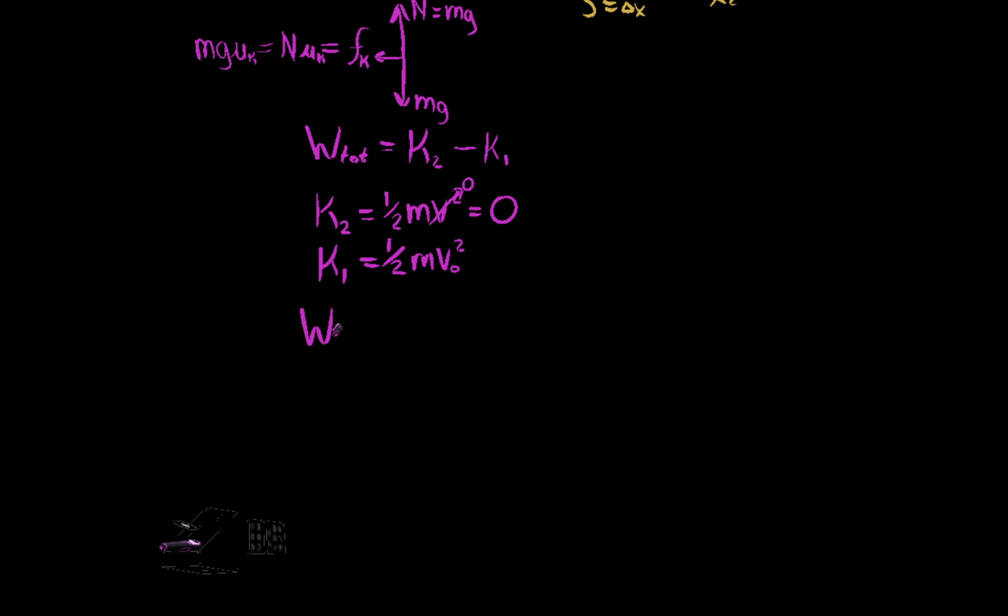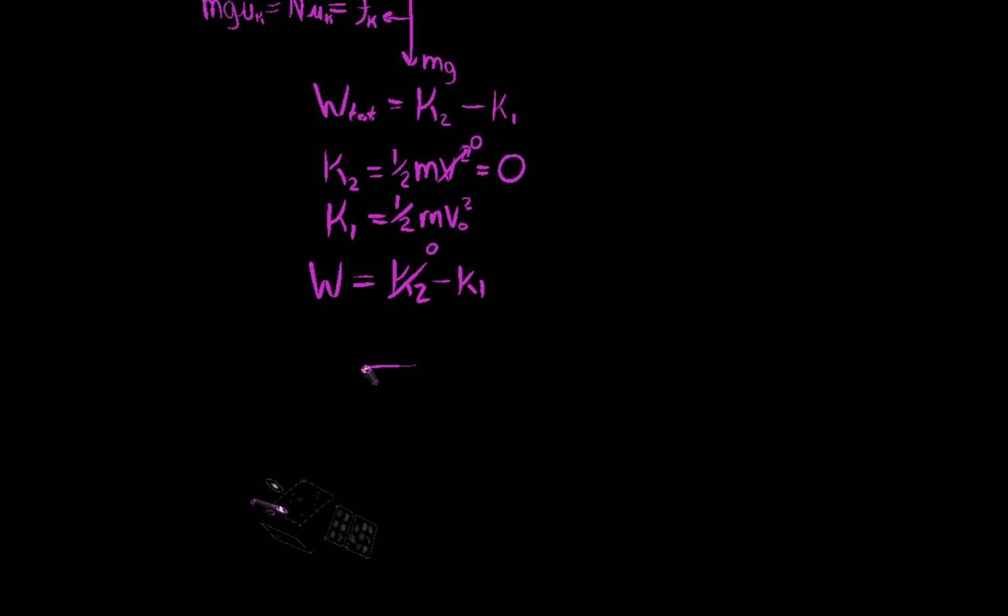So the total work that's happening to bring this car to a stop is equal to K2 minus K1, but K2 is 0, right? So the total work is equal to negative 1/2 mv naught squared.